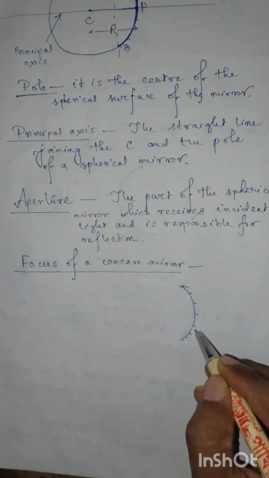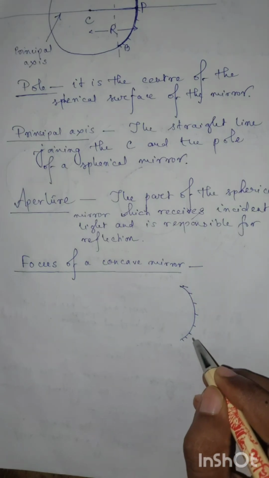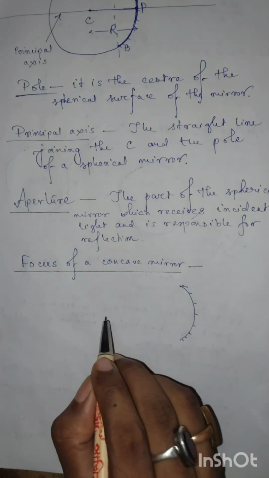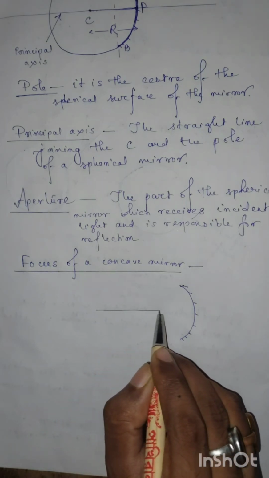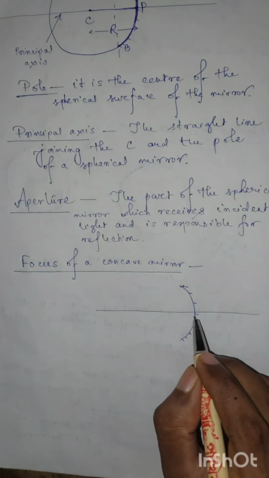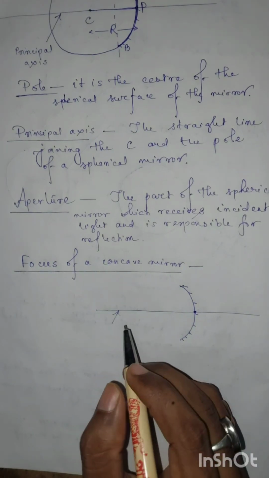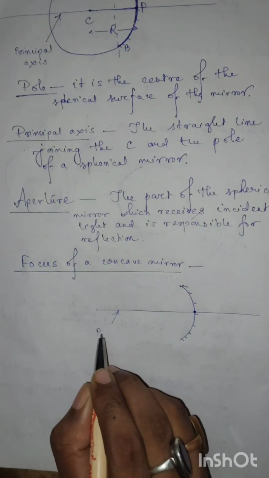This is the silvered surface, and this is our reflecting surface. Now this is our principal axis. Okay, this is our principal axis.